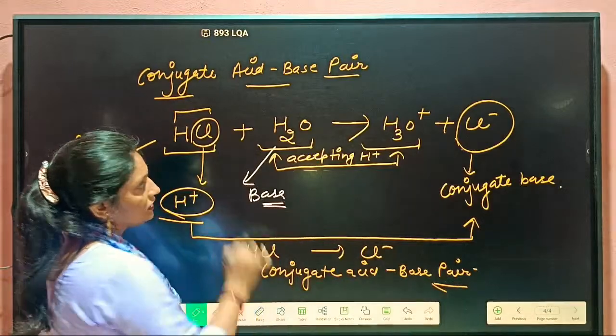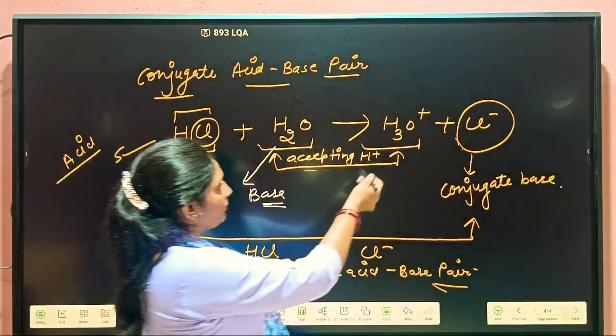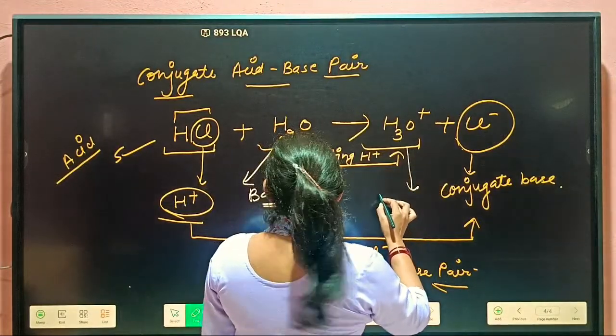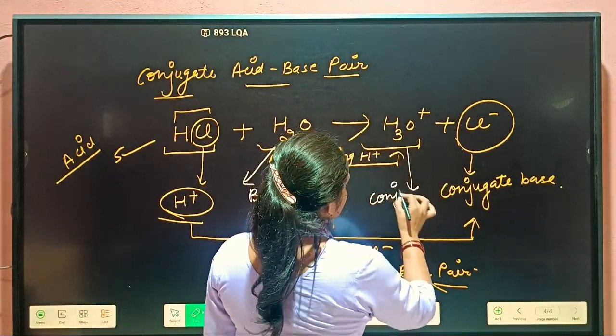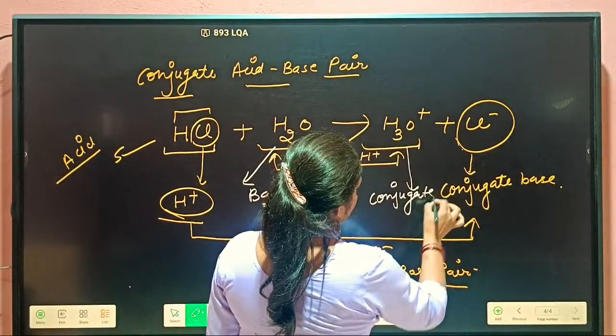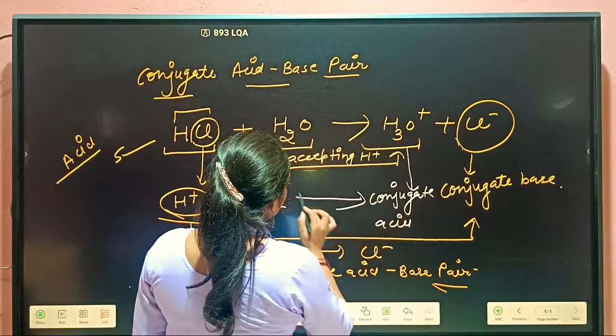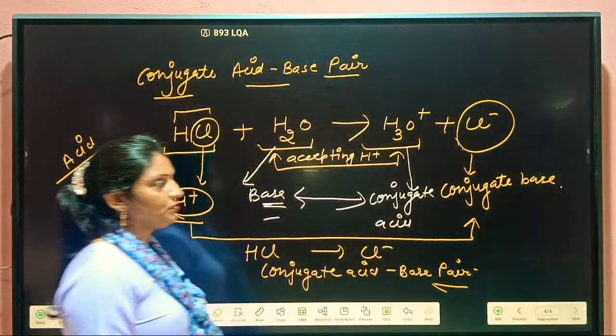It is a base. And after accepting H positive, we are getting this one, which is the conjugate acid. So students, this one is also a conjugate acid base pair.